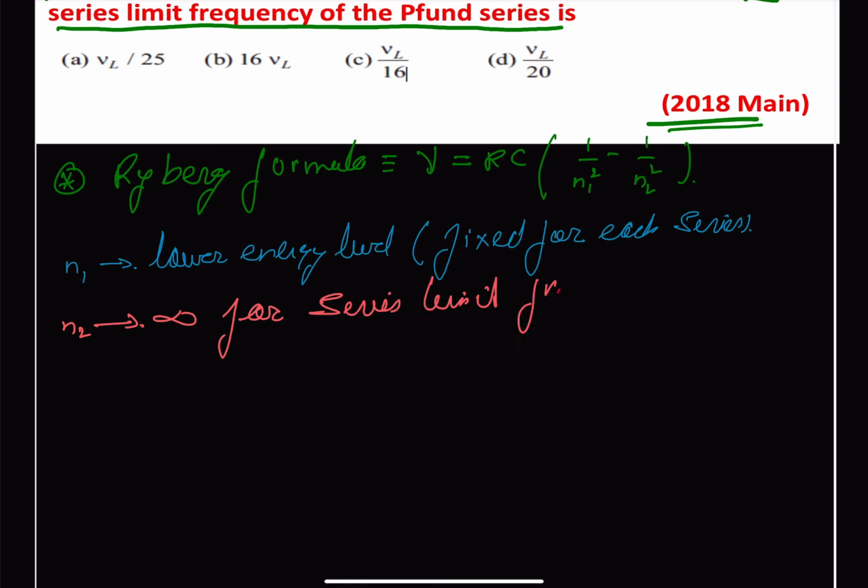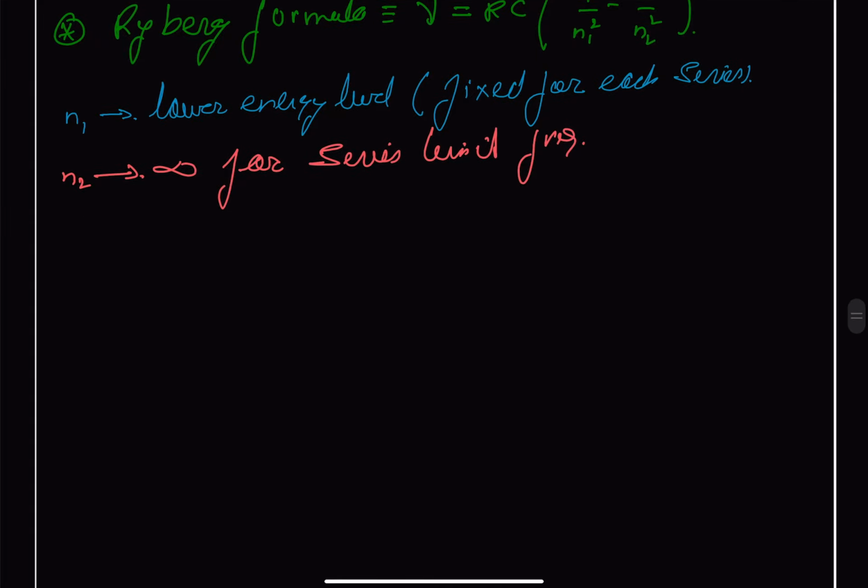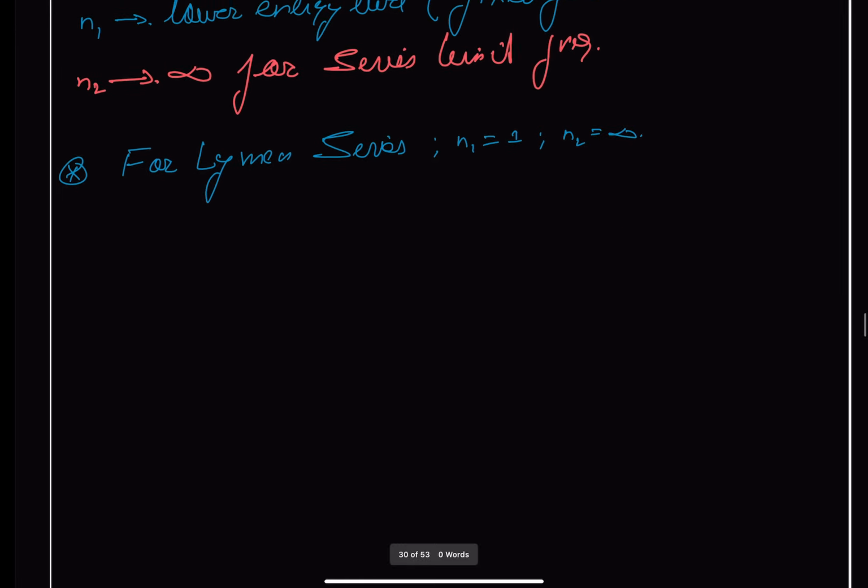The first one given to us is Lyman. Therefore, for Lyman series, N1 is equal to 1 and N2 is infinity.